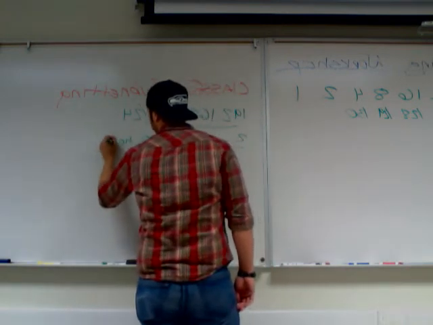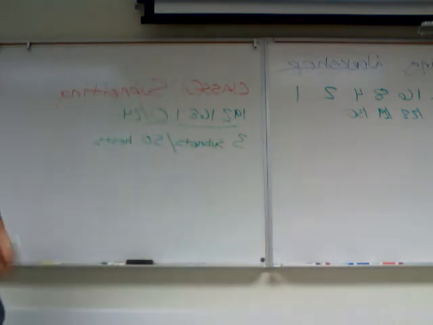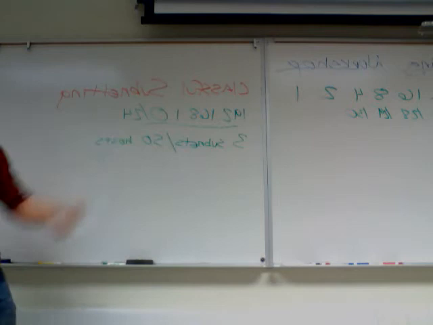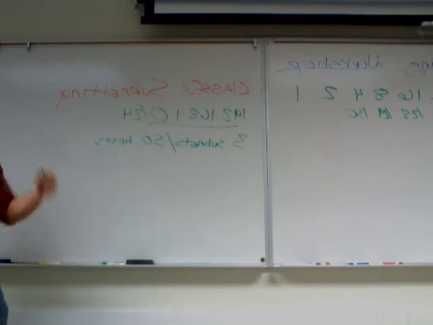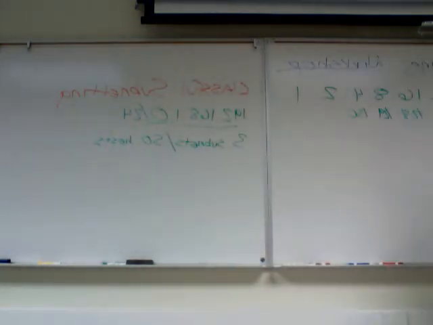50 hosts. And again, if you don't really know what subnetting means, basically what I'm going to be doing is getting this network address and turning that into 3 smaller networks, 3 subnetworks. First, you're going to have what's called a network address.